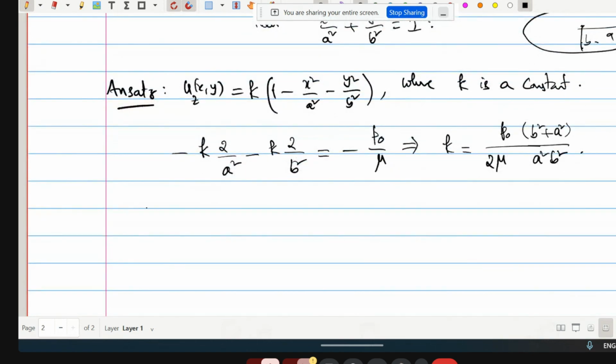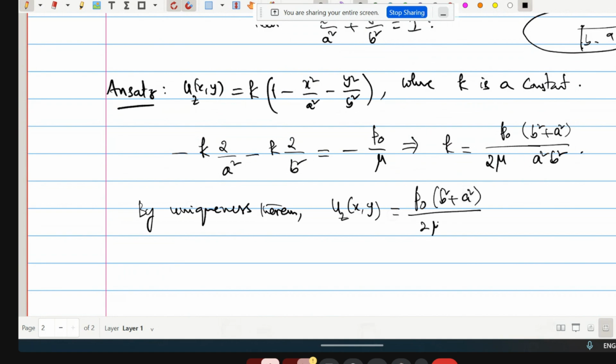Since by the uniqueness theorem, u_z of (x,y) equals k, you write it as p naught times b square plus a square divided by 2 mu a square b square, into 1 minus x square by a square minus y square by b square.